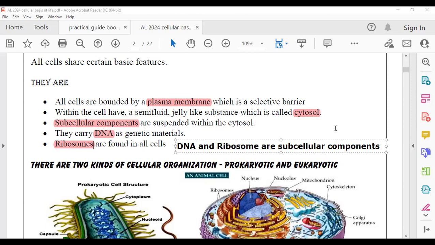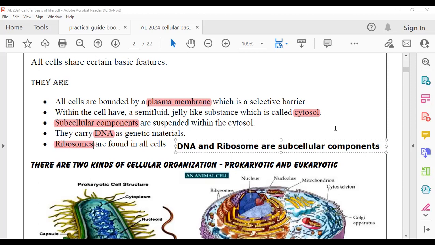In your O level, you studied mitochondria, chloroplast, Golgi apparatus, endoplasmic reticulum, ribosome, lysosome, like several things you studied. Here you will study that in full detail.